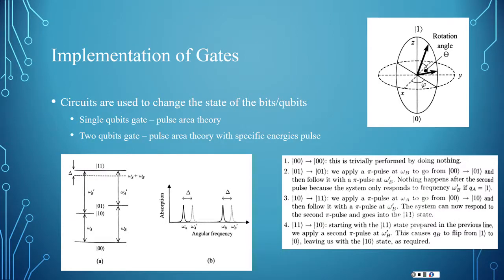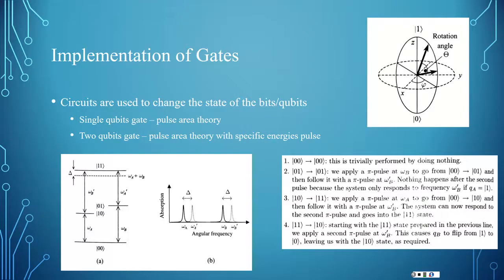Going from 0,0 is obviously nothing, but we can look at going from 1,0 up to 1,1, and we would do a pi pulse at the energy they call omega A, so then we go from 0 down.